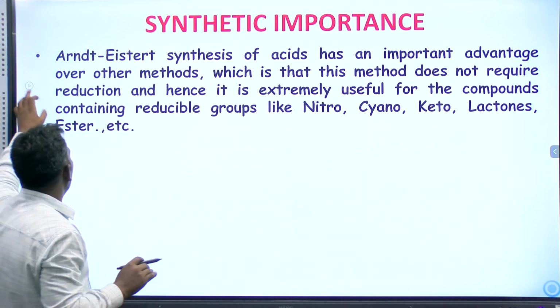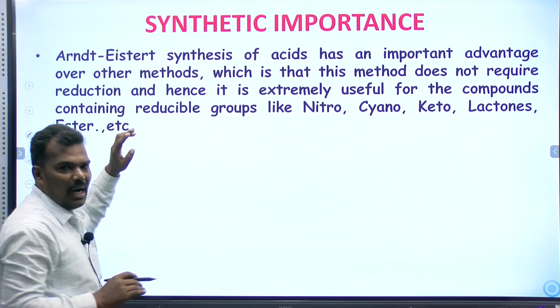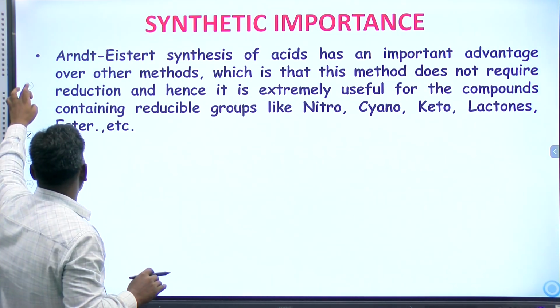So this is one of the important synthetic applications of the Arndt-Eistert reaction.